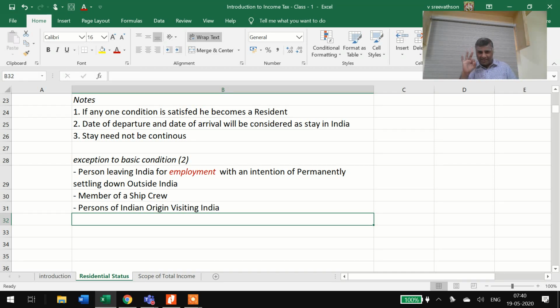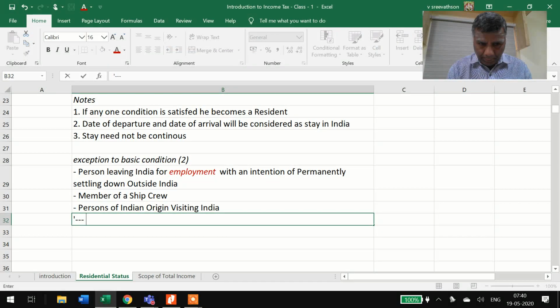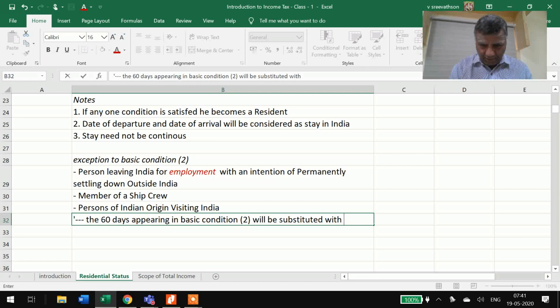For these three types of people, the 60 days appearing in basic condition 2 will be substituted with 182 days.